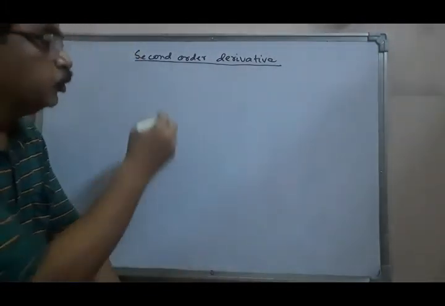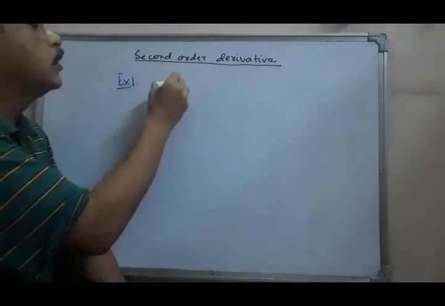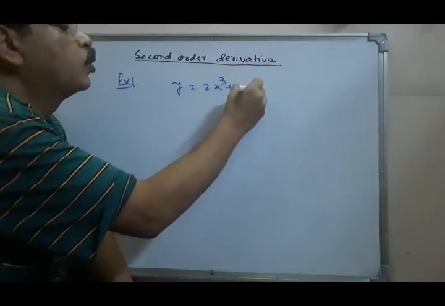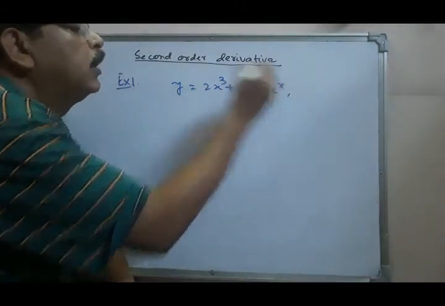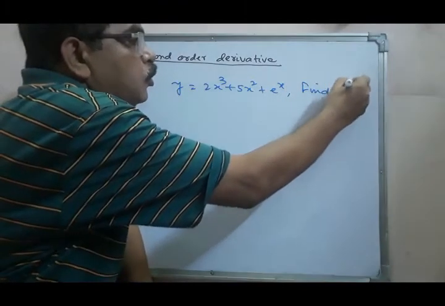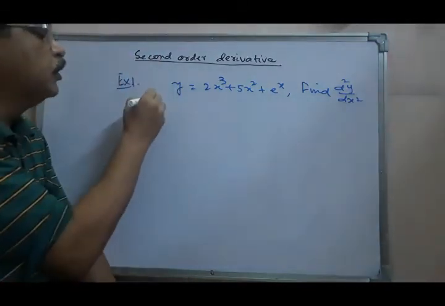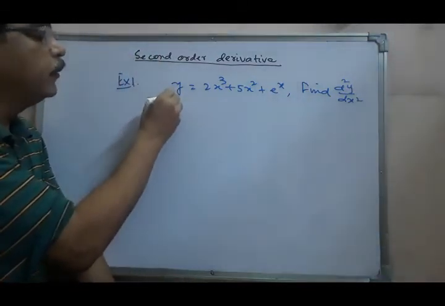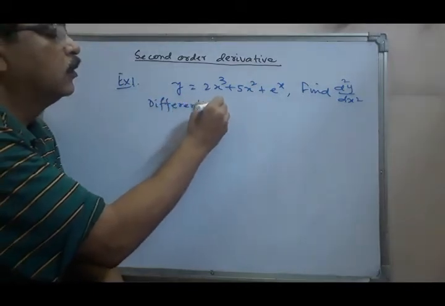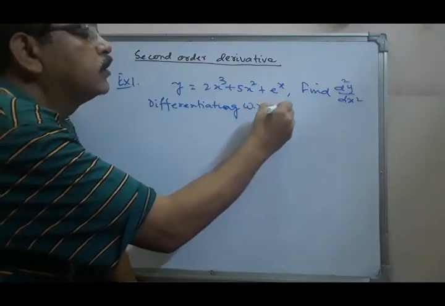Example number 1, say y equal to 2x cube plus 5x square plus e to the power x. Find d2y by dx2. How to find? So first we are differentiating with respect to x.